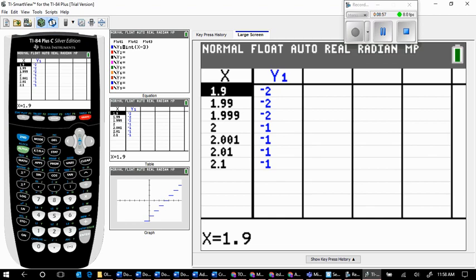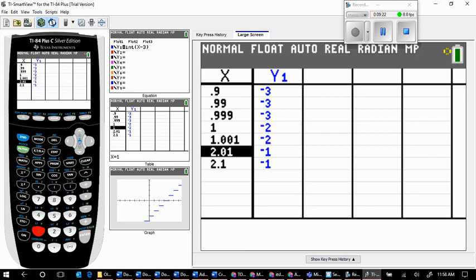I have to choose values that are less than 1 that get progressively closer to 1, and values that are greater than 1 that get closer to 1. So less than 1 would be like 0.9. Let's change this to 0.9, 0.99, 0.999, and then at 1, and then slightly larger numbers, 1.001, 1.01 and 1.1. These are now the values for this particular graph.